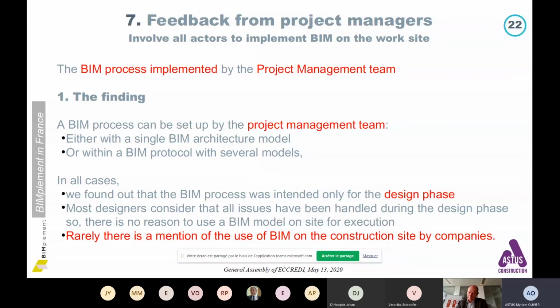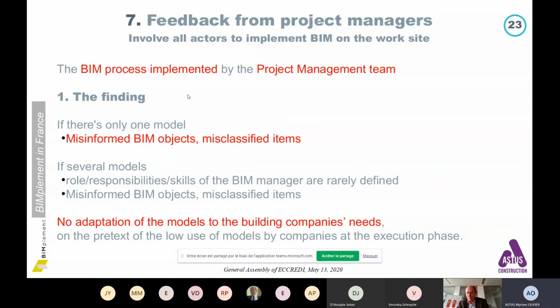We even have an example of a building company that made a rather good BIM model, but never showed it to their on-site workers. And during the training, it was the first time for the on-site workers to see the project they are working on, to see its BIM model. It was the very first time they saw the 3D view of the model, and understood that there was more than a view to it.